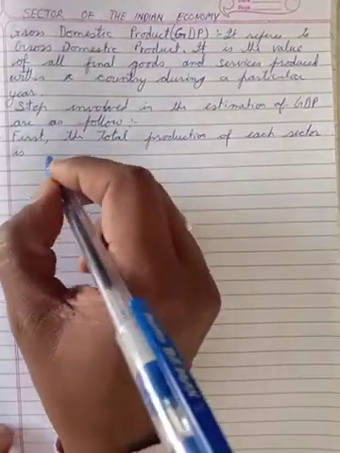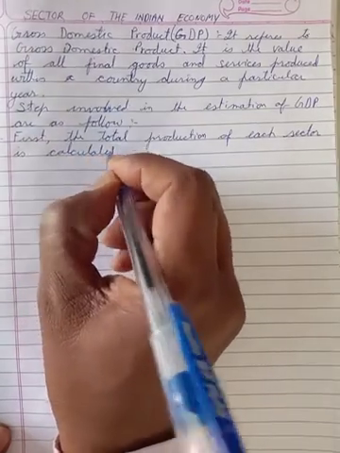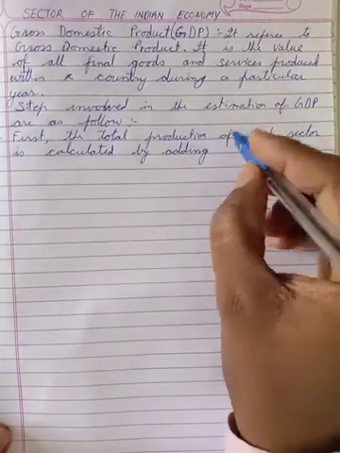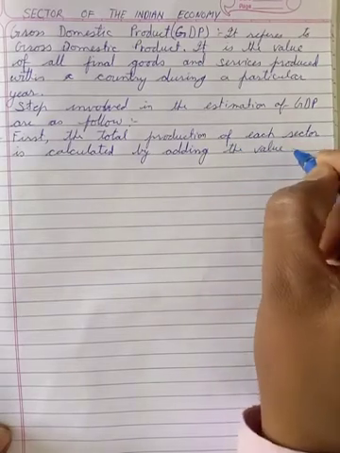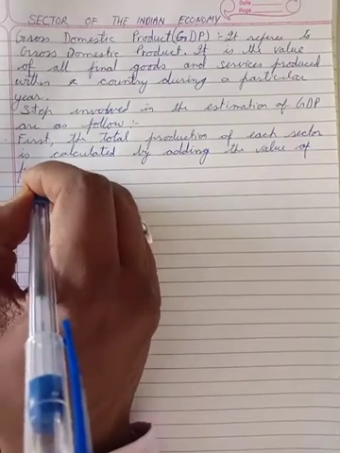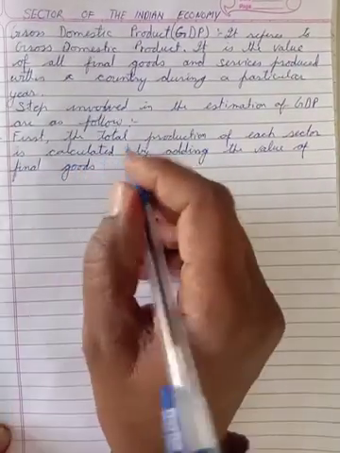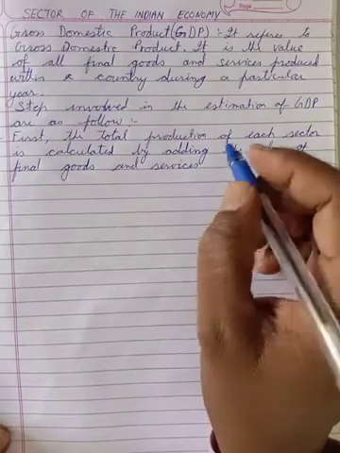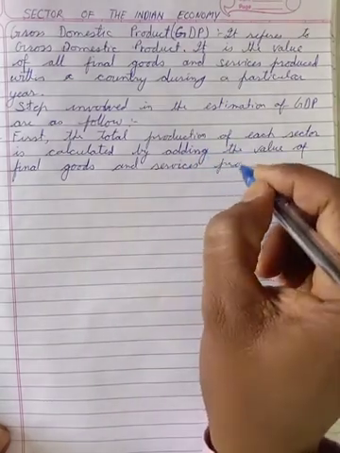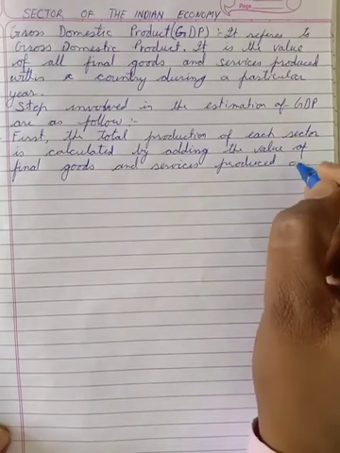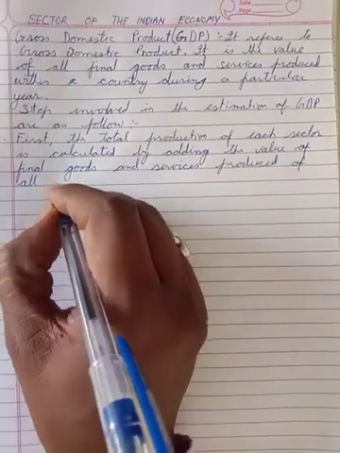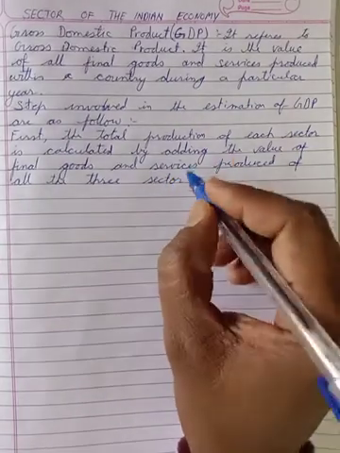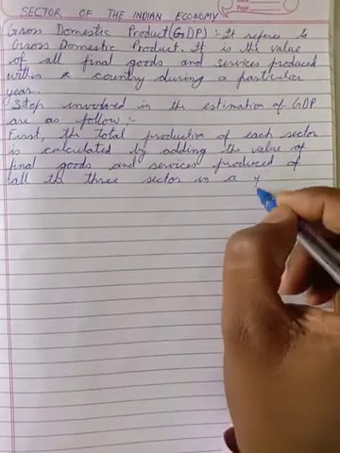is calculated by adding the value of final goods and services produced of all the three sectors in a year.